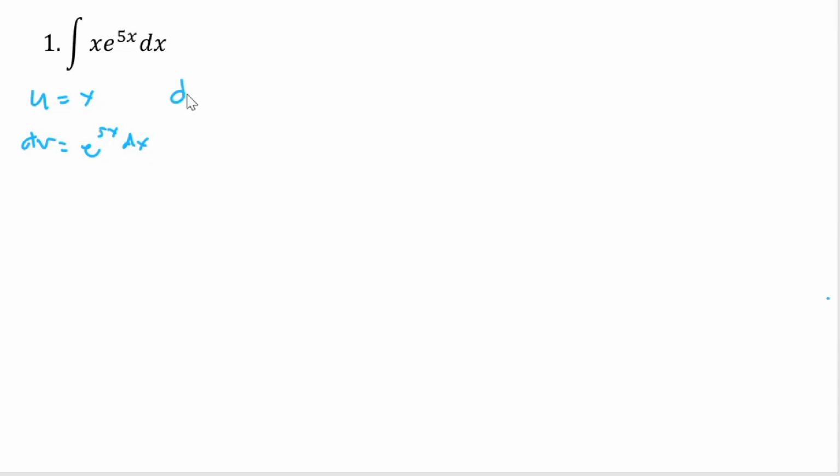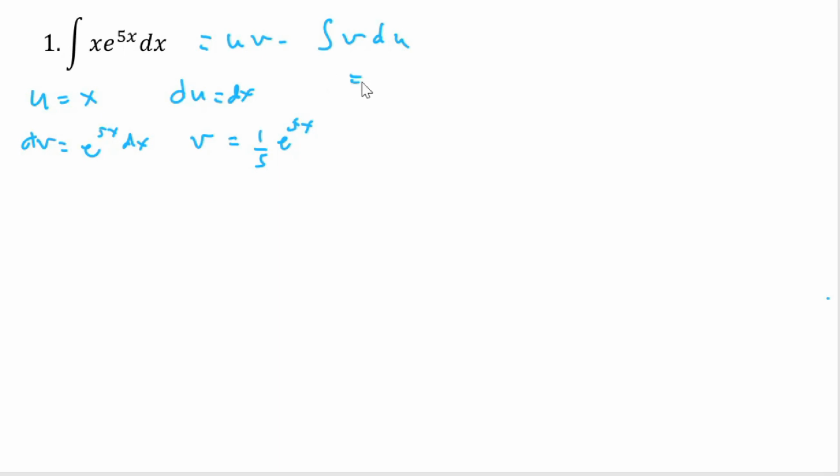Then we write the du, which is the derivative of x, just equal to dx. And v here is the integral of e raised to 5x dx, which is equal to 1/5 of e raised to 5x. After that, we write the formula of integration by parts, which is uv minus the integral of v du.